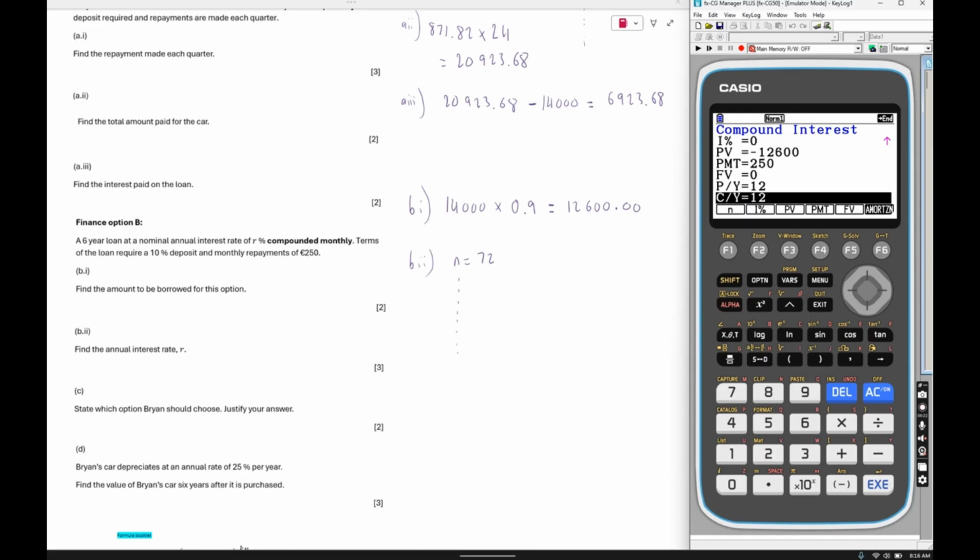So press F2, which is the interest rate, and we get 12.56 to 2 decimal places.